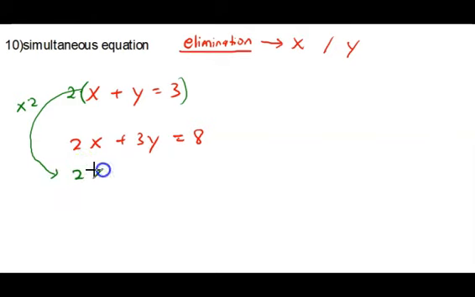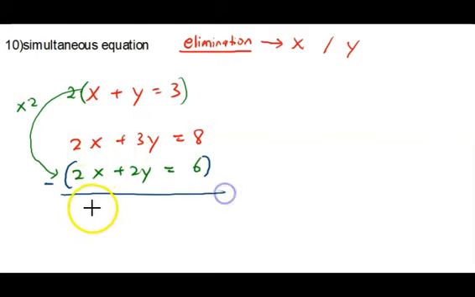here we get 2x plus 2y equals 6. So in this case, we just have to put minus here. So 2x minus 2x we are getting nothing, 0. 3y minus 2y we are getting y. 8 minus 6 we are getting 2.